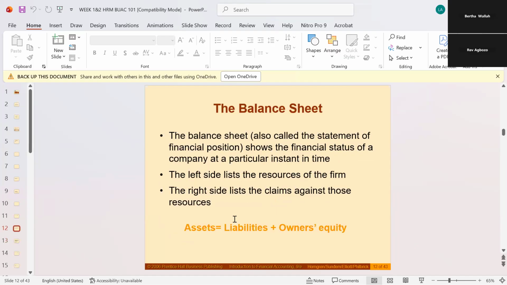So when you look at the accounting equation, which explains what is in the statement of financial position or the balance sheet, we said assets equals liabilities plus owner's equity. And I've explained this as: assets is the total resource that you are using in the business.